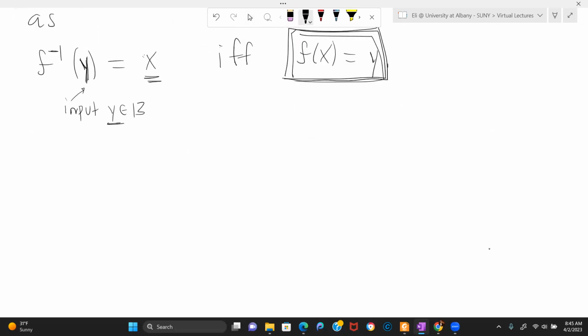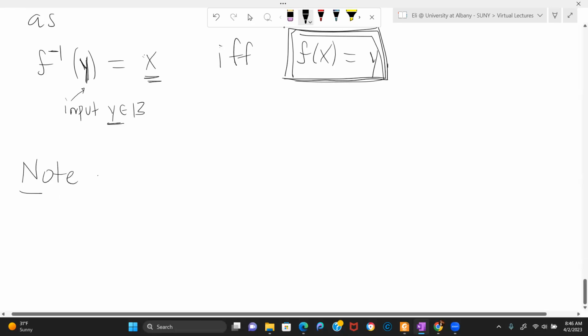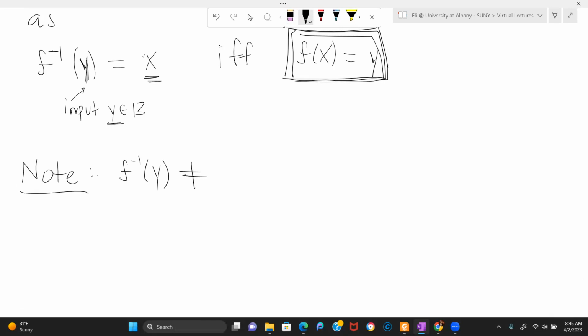So let's look at an example. Maybe that will clear things up. This is example 4. Actually, let me make a note before I go through this example. Note that f inverse of y does not equal 1 over f of y.